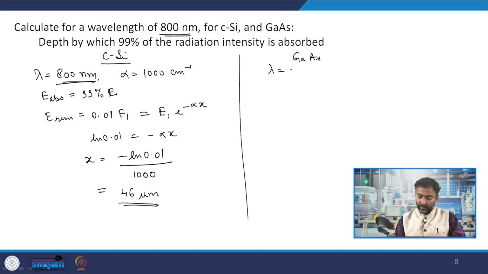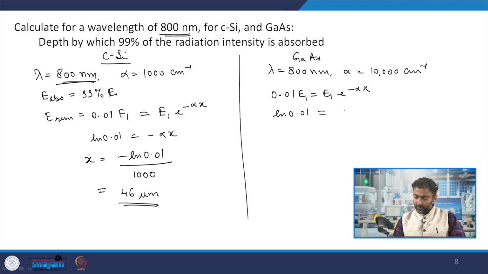So, taking lambda equal to 800 nanometer, my alpha for gallium arsenide is 10,000 per centimeter, and for 99% absorption only 0.01 fraction of radiation should remain. So, ln 0.01 equals minus alpha x, or x is minus ln 0.01 divided by 10,000, and this comes out around 4.61 micrometer.